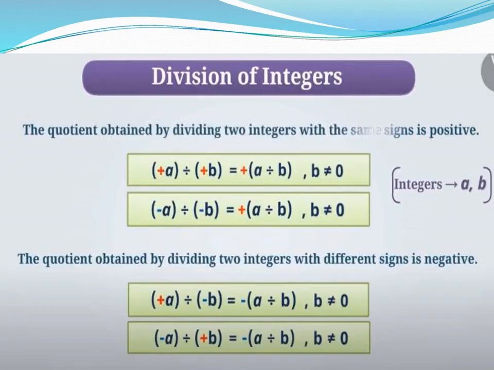Means a is positive and b is negative, then a divided by minus b is equal to minus of a divided by b, where b is not equal to 0. Suppose we take a negative and b positive, then minus a divided by b, the sign of the quotient is minus, means minus of a divided by b, and b is not equal to 0.